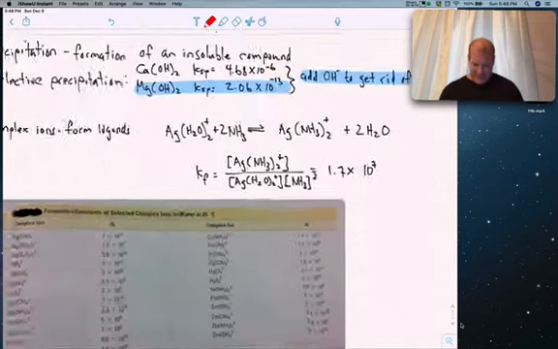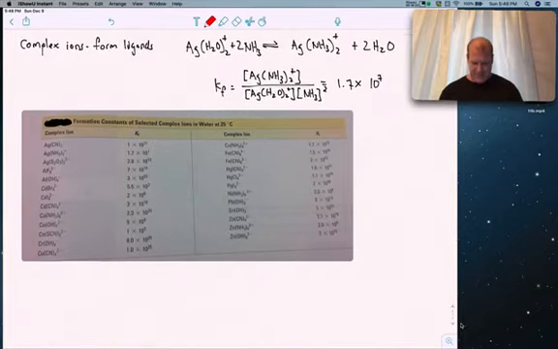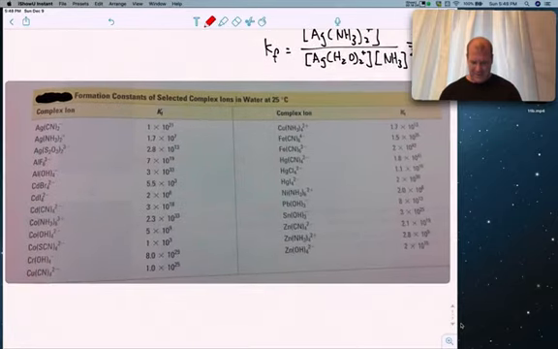At least now we're actually making something. Here are the formation constants for several things, and you can see that the cyanides are quite big. Do you have gold? I guess we don't have gold cyanide, but copper cyanide is 10 to the 25. So you can see that some of these numbers are quite large.